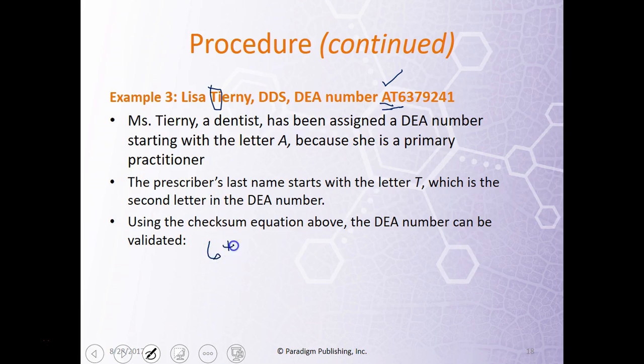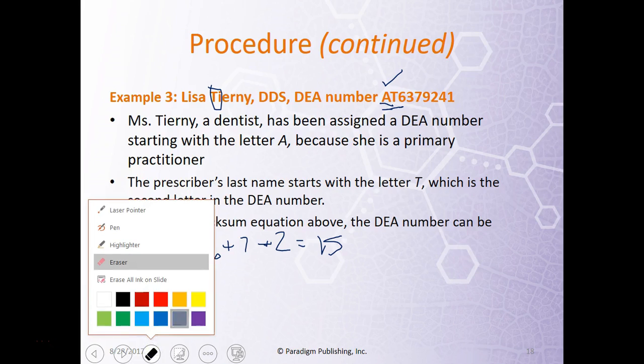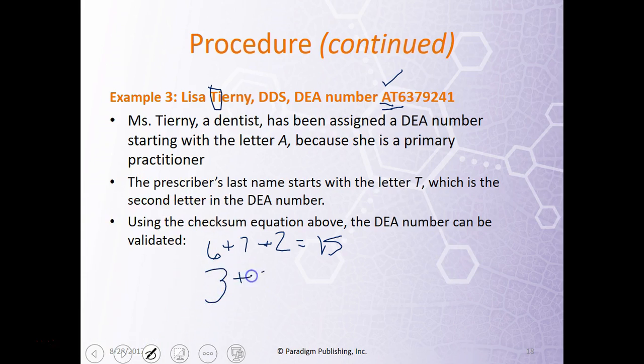So 6 plus 7 plus 2 is 15. And 3 plus 9. Oops, that's a funky looking 9. Try that again. 3 plus 9, plus 4 is 16.